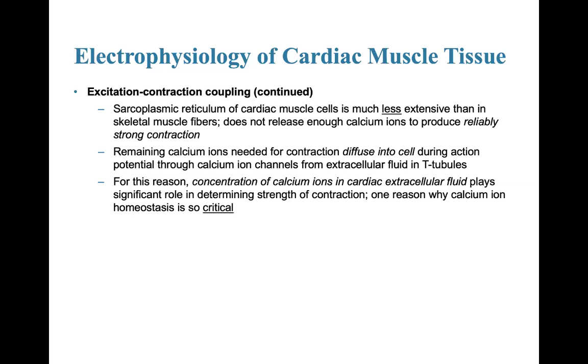For this reason, the concentration of calcium ions in the cardiac extracellular fluid plays a significant role in determining the strength of the contraction. This is why calcium ion homeostasis is so critical. And if you remember, if they're trying to start somebody's heart, they might inject calcium right into that extracellular space.